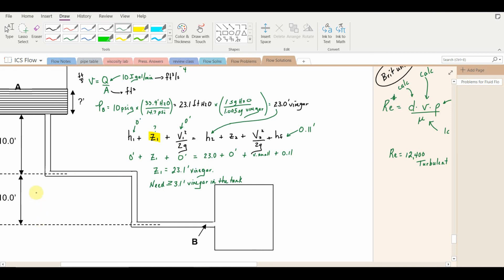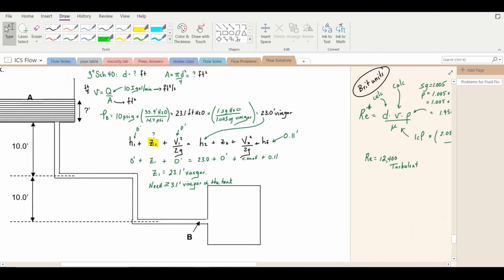And since the bottom of the tank is 20 feet high, that means that we need to keep at least 3.1 feet of vinegar in the tank to supply the pressure and the velocity required in the system. So presumably you would put in a float mechanism in the tank that will control the level in the tank if they want to keep it not greater than 10 psi gauge and not greater velocity than that. Interesting problem, actually quite practical.